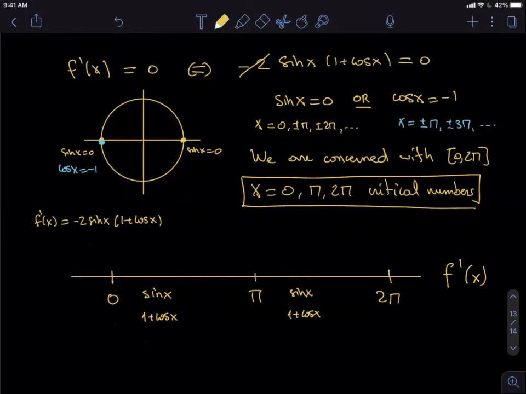And then the derivative itself. So the sine of x, when I look from 0 to pi, the sine of x is going to live in this region, so it's going to be positive.